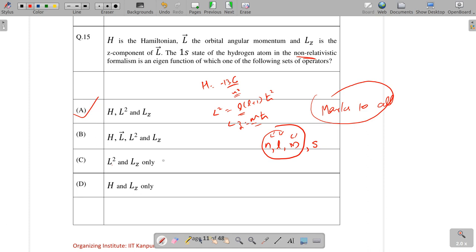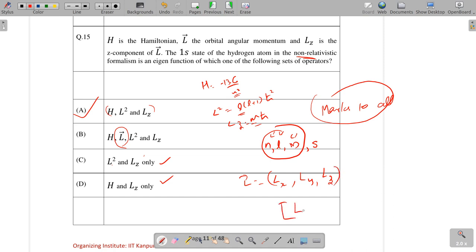So this is also true actually, but since this is a subset of this one, this one is the most general case. And this is also true, H and L. But for L, you should be knowing vector L is basically a vector Lx, Ly, and Lz.